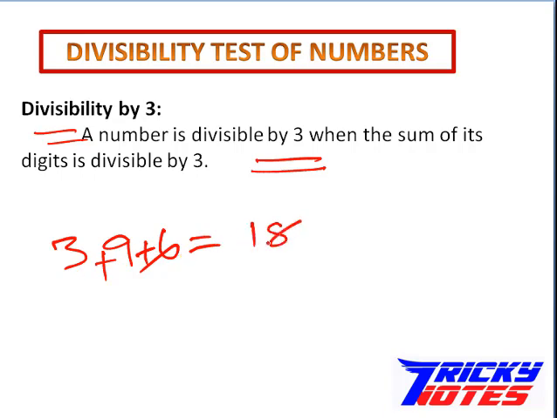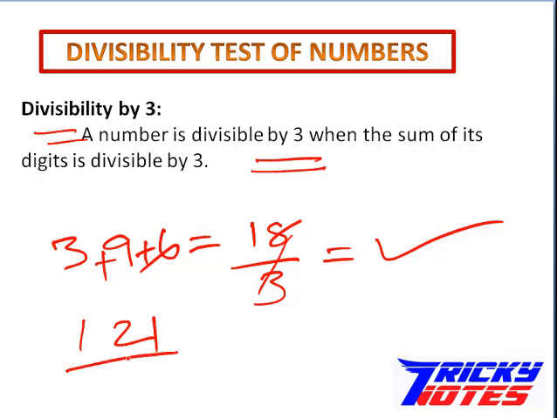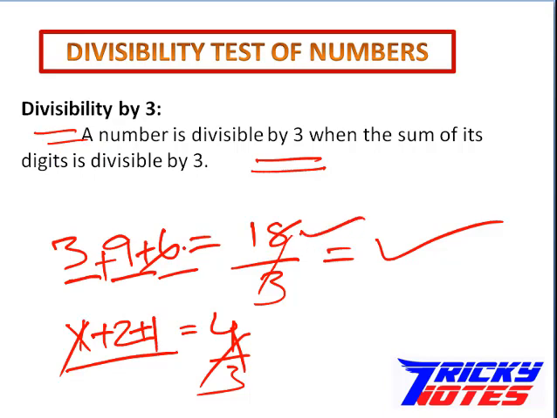So 18 is divisible by 3, so the number is divisible by 3. 121: 1 plus 2 plus 1, this is 4. Now 4 is not divisible by 3, so the number is not divisible by 3. It's very easy. So if the sum of the digits is divisible by 3, the whole number is divisible by 3.